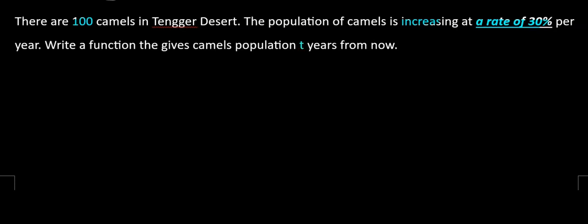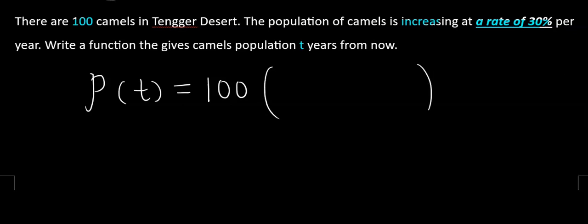If you truly understand what happens to the Green Village, you can write for the camel. So the population of camels after t years is, we start with 100. And every year will grow by 30%. So we're going to say 1 plus 30%.